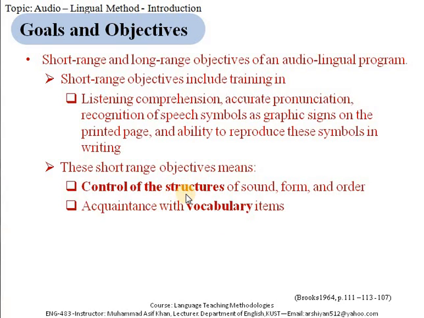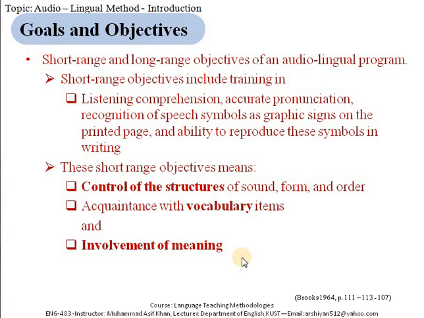First we teach the control of structures, then we add vocabulary to these structures, and the third part of the objectives of the audiolingual method is that we add meanings in terms of the significance these verbal symbols have for those who speak the language natively.